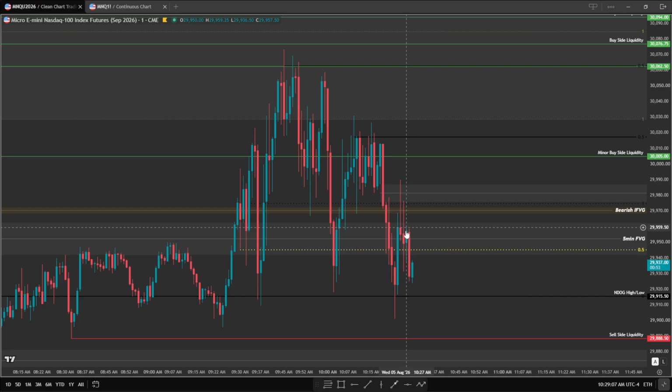Because this traded up through this array and then closed back down below it, I want it to respect the lower half now and then make a run for this low. If it comes back up and closes above this midpoint, I think it could chop in this range longer, or maybe come back up and take an internal high.